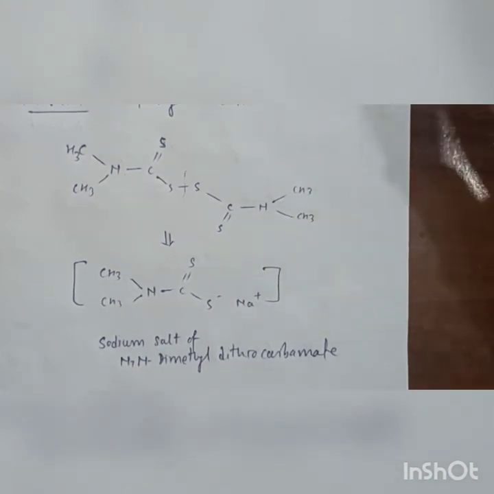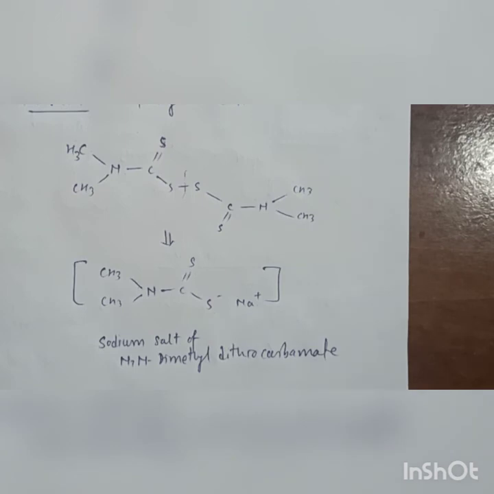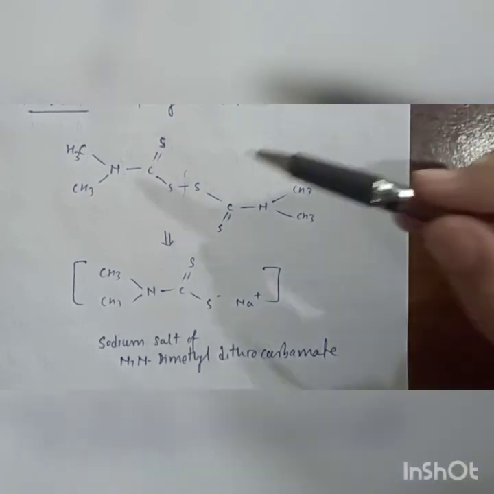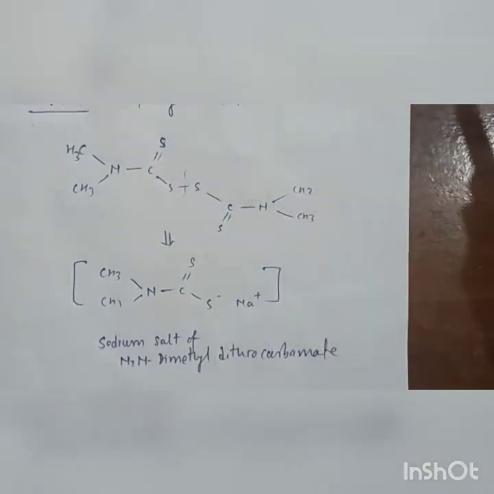So we have to remember the structures of all types of dyes, drugs and pesticides. When you know the structure, just look for a bond disconnection to obtain the precursor, and from the precursor you can synthesize the dye, drug or pesticide.